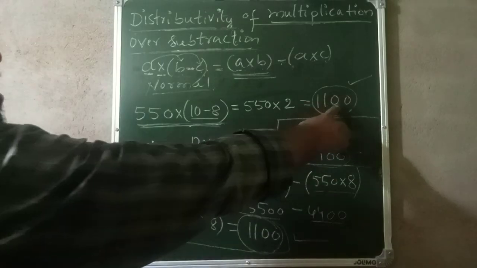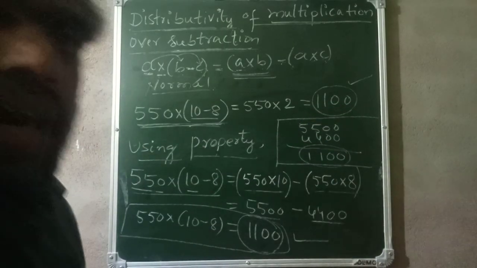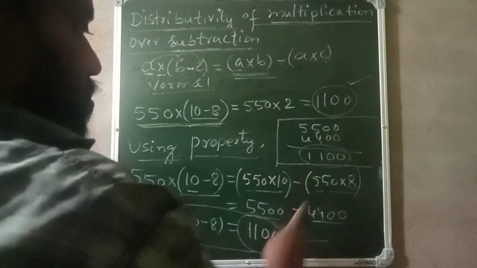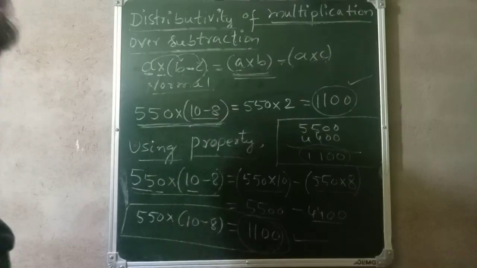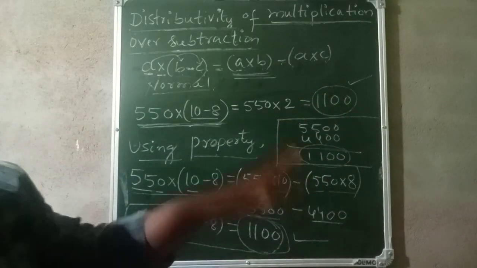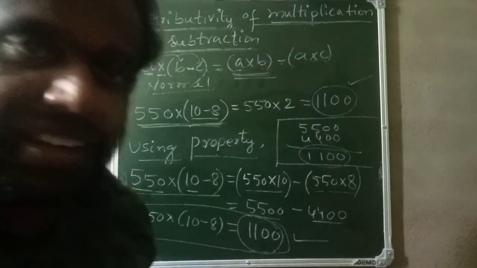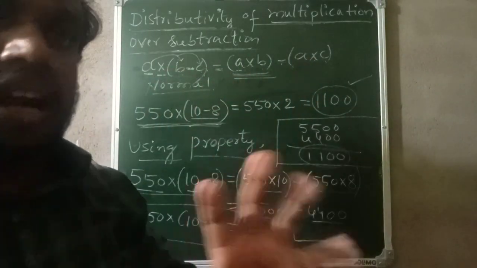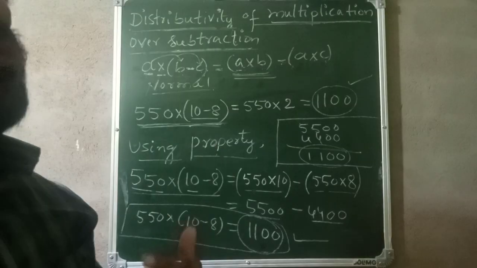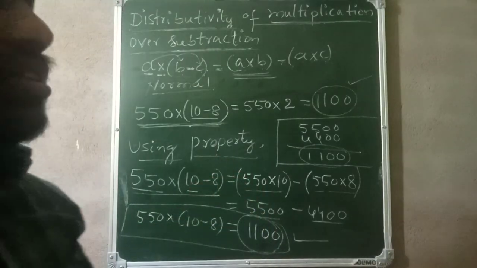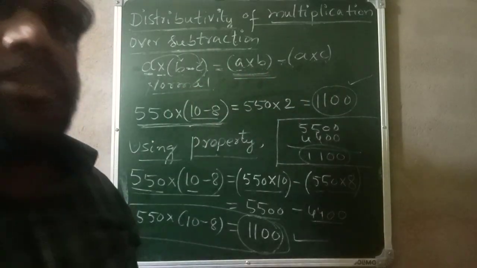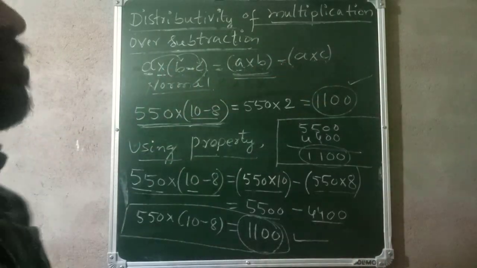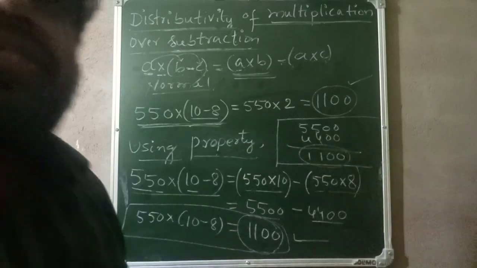So you can see both answers are the same. So this answer is matching with this answer. Since these two answers are the same, what does it mean? That means this property is correct. We verified and proved that this property is correct because the answers are the same.